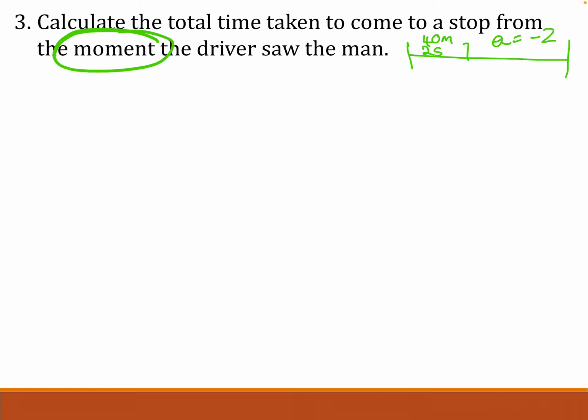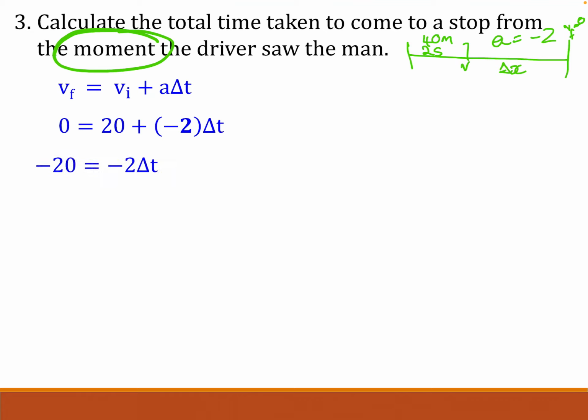We know initial velocity, it was 20. Final velocity is 0. And we know delta x, and we know time. So we can pretty much use any equation. So use the easy one. Vf equals Vi plus a delta t. 0 is 20 plus -2 times delta t. -20 equals -2 delta t.